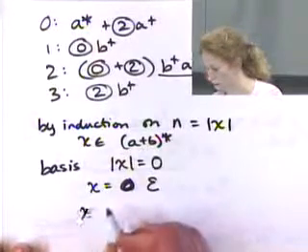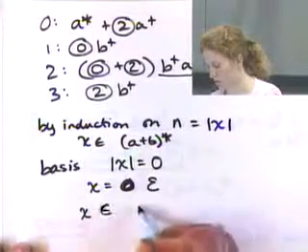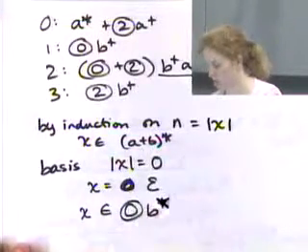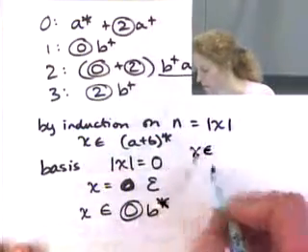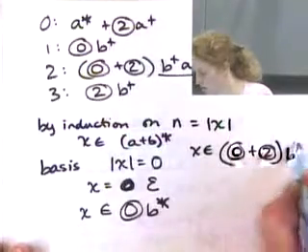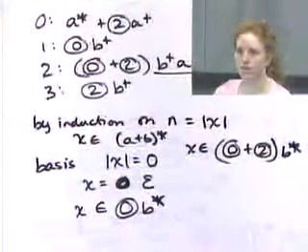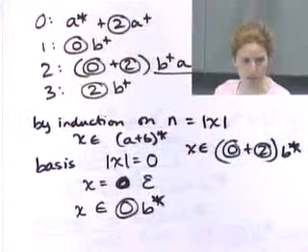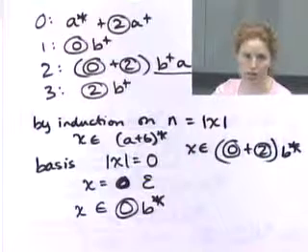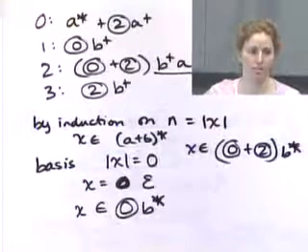So all we're trying to prove is that x has to be in 0 or 2 B star. And since it's the empty string, it's in the 0 state because A star is in there, right? A star has the empty string in it, and B star has the empty string. The empty string with the empty string tacked on the end is still the empty string, so x is in there.